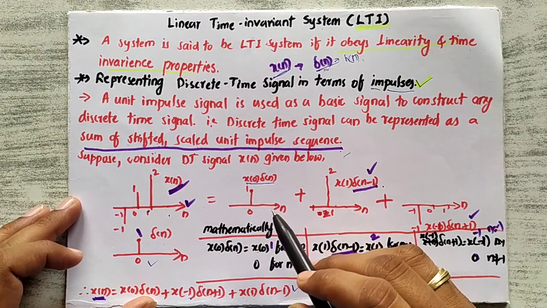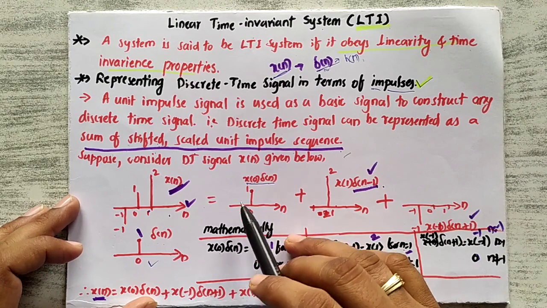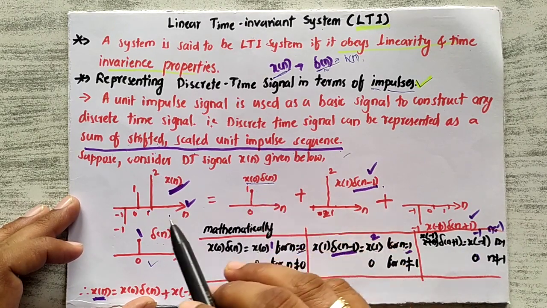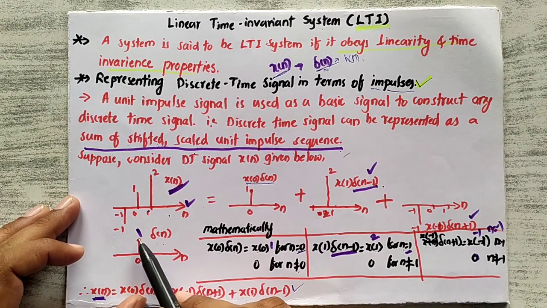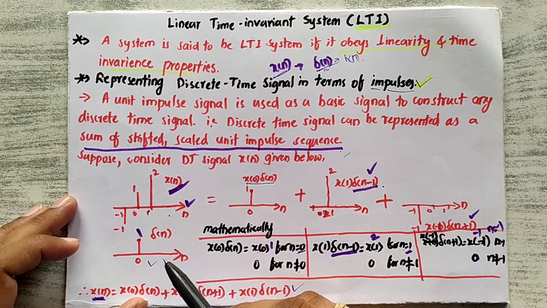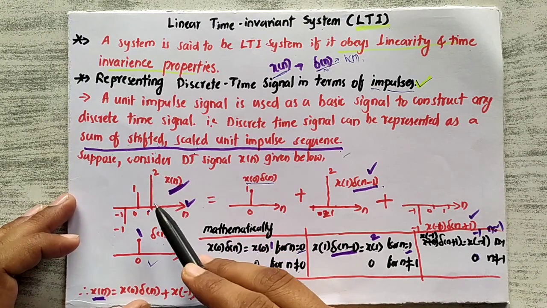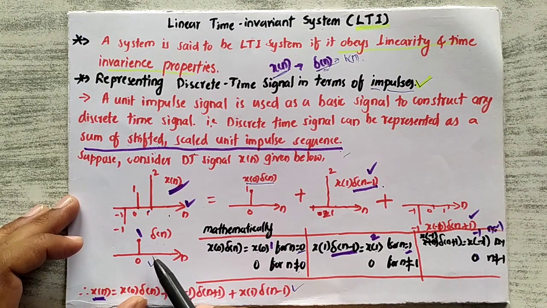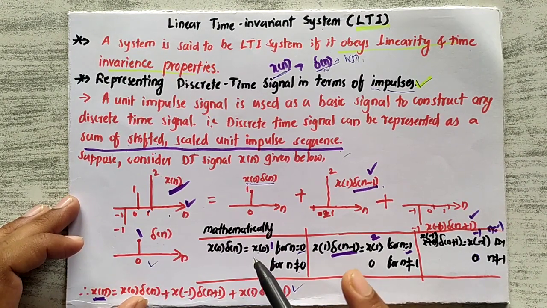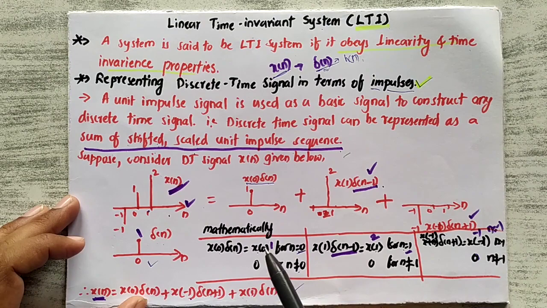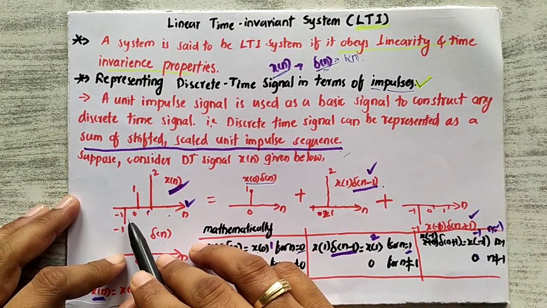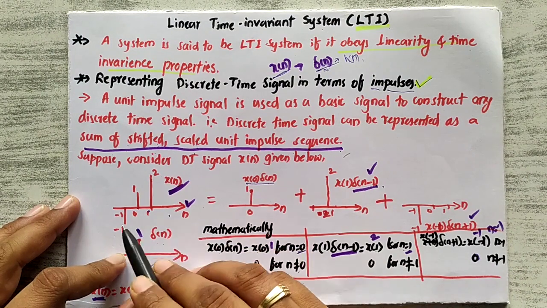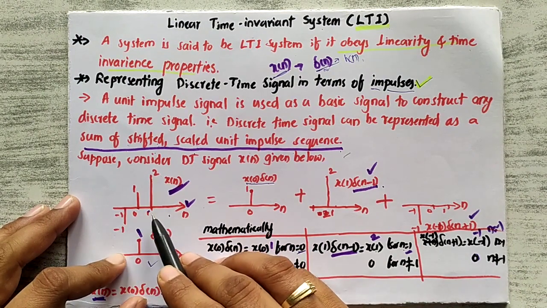We have a useful property of the impulse signal when it is multiplied with any signal. This is the impulse signal. It exists at n equal to 0 only and its amplitude is 1. So when it is multiplied with the original signal, it will generate a single sample. Here you can see there are 3 index values, n varying over -1, 0 and 1.